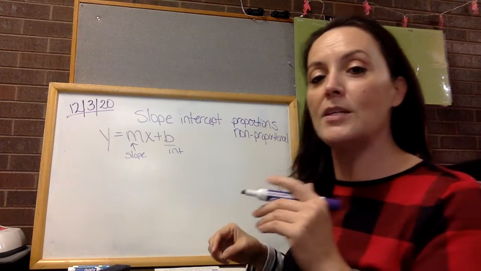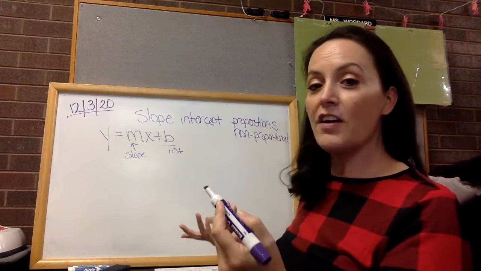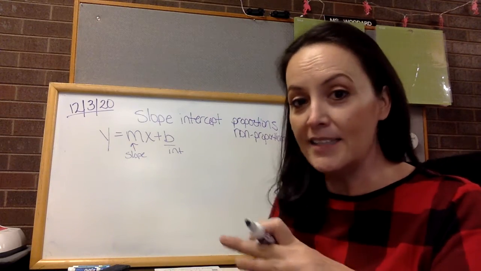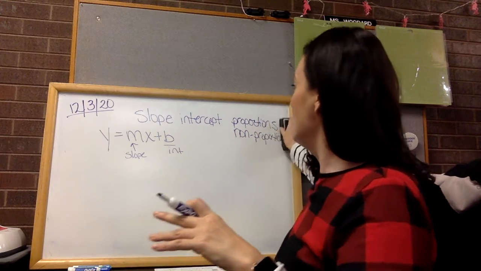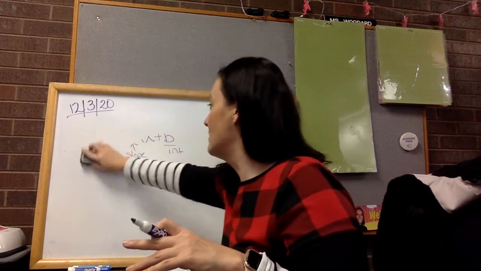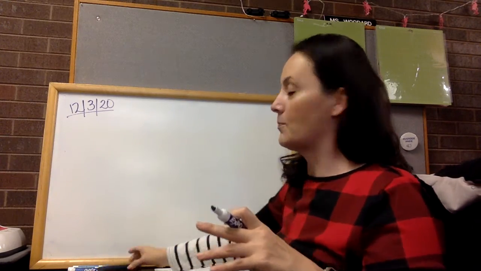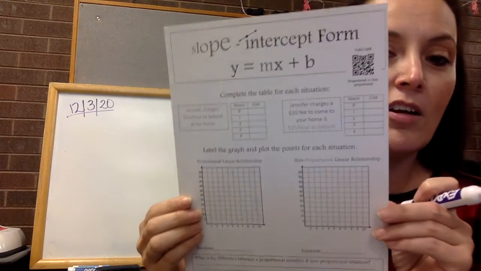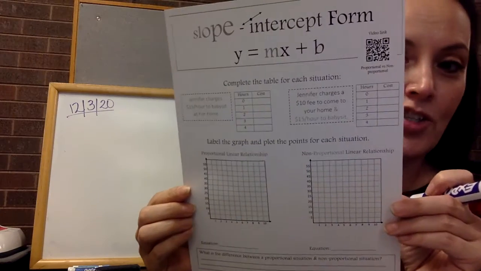The very first thing you can do today is watch a video that I posted. It is a YouTube video that goes through your notes, just another person explaining your notes to you besides me. Your notes today are a one-page set of notes, which is super easy for you.